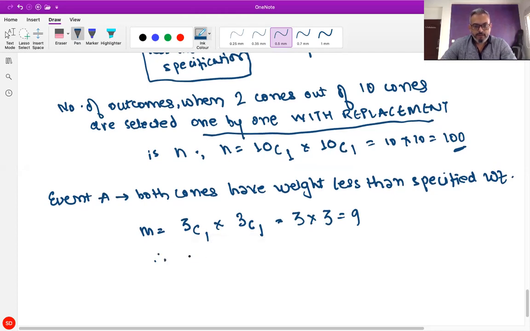Therefore, probability of A is equal to m upon n, which is equal to 9 by 100. Answer.